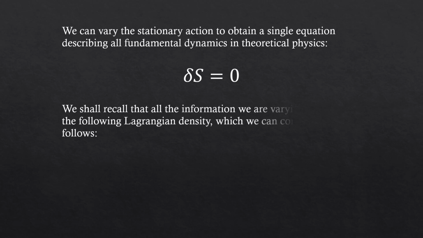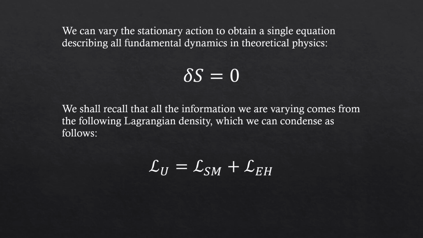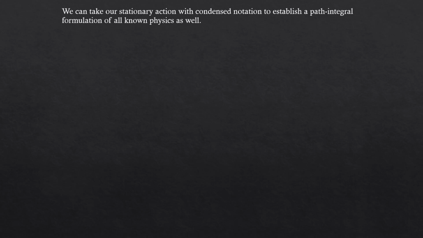And we shall recall that all this information that we're actually varying comes from the following Lagrangian density. And that's that universal Lagrangian, which is the sum of the standard model using spin covariant functionality plus the Einstein-Hilbert sector for gravity. We can take our stationary action with this condensed notation to establish a path integral formulation of all known physics as well.